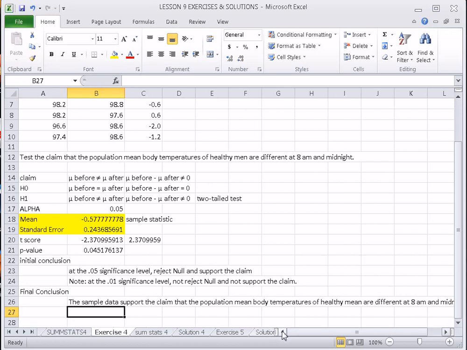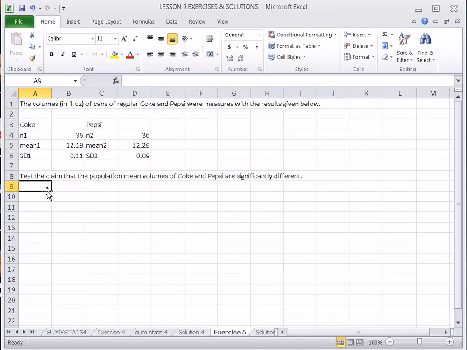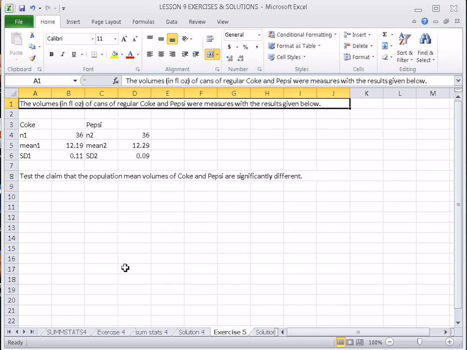All right, so we've looked at examples for one mean, and two samples for dependent means. Let's look now at some examples of independent data. Here we're given the volumes of cans of regular Coke and Pepsi.